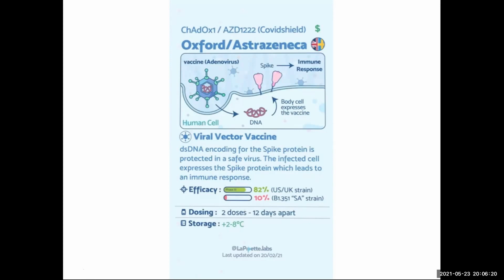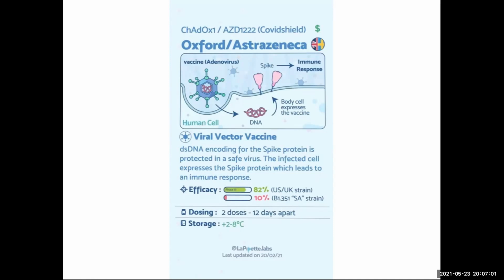In the Oxford vaccine, or similarly in Sputnik, this genetic part or DNA part that is responsible for producing this protein is inserted into a harmless virus, what we call a chimpanzee adenovirus, which is harmless to humans. So through the vaccine, it enters the human body, then the genetic component is released and it produces the proteins. And our immune system can identify those proteins and later produce antibodies.